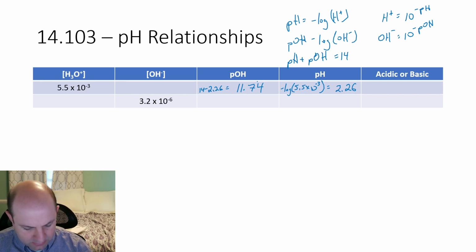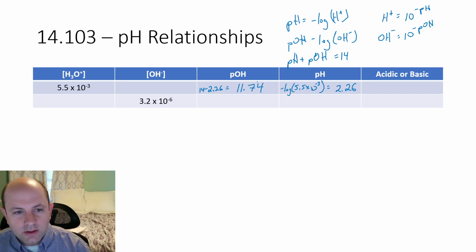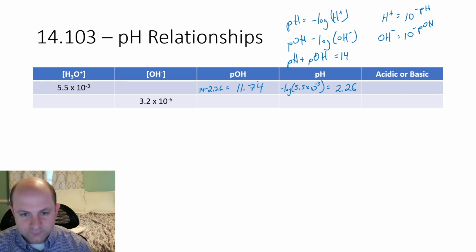I'm using a non-traditional scientific calculator, and phone calculators are not great. This is why you should have a real calculator handy. I left mine in the office. Let's see what I can do here. 10, there we go. 10 raised to the negative 11.74.